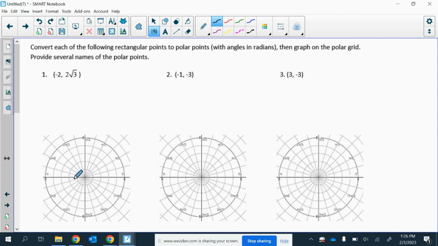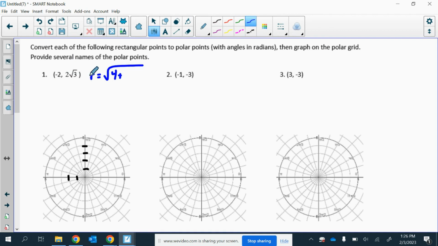So if I'm going to plot negative 2, 2 root 3, well, I could go negative 2 and try to guess where 2 root 3 is. Or what I could do is convert things. So if I want r, that's going to be the square root of negative 2 squared plus 2 root 3 squared.